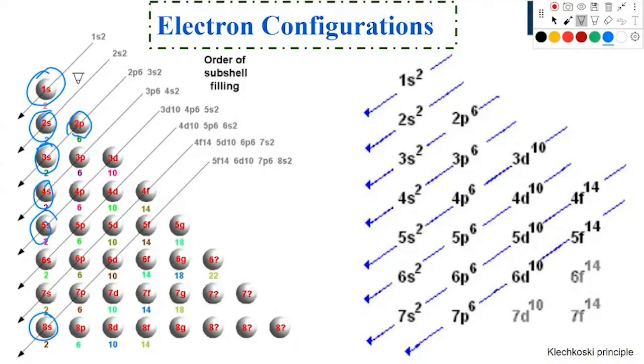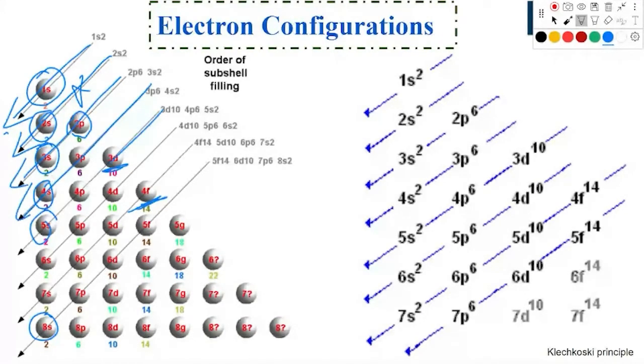No, they don't have 1. There is no 1 shell. I mean it starts from 2, and D starts from 3, and F starts from 4. And then the direction, you follow the arrow, go down, and when it comes to the end, it goes back here. Then again, it's continuous.